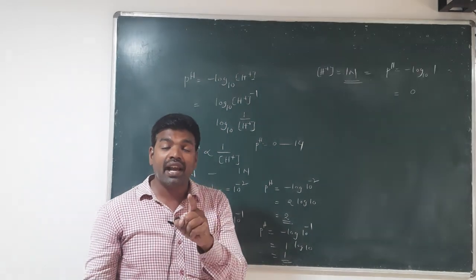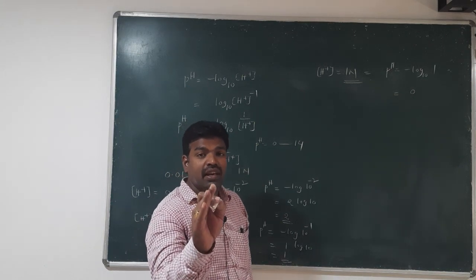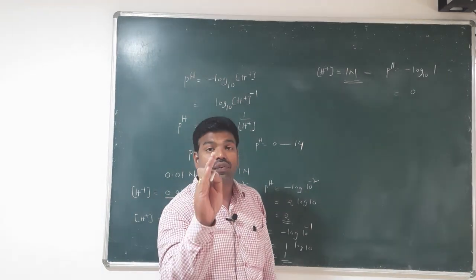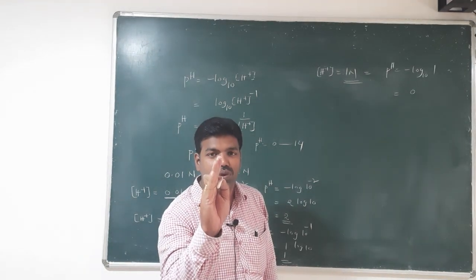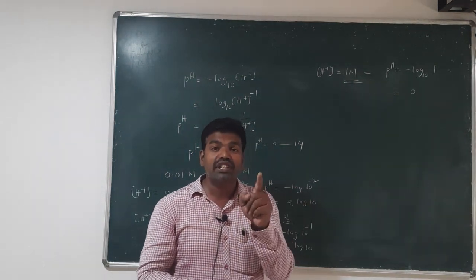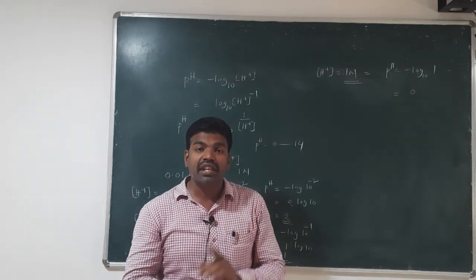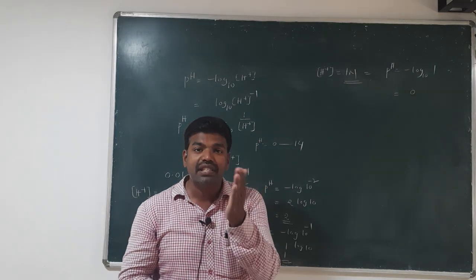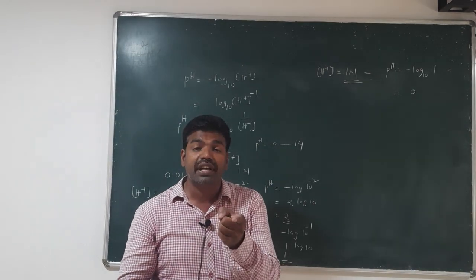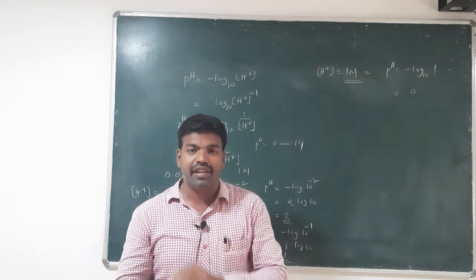Therefore, Sorensen proposed the pH scale 0 to 14 for low concentrated solutions. I repeat, Sorensen proposed the pH scale 0 to 14 based on the ionic product of water, and the pH definition and the scale are given for low concentrated solutions only.